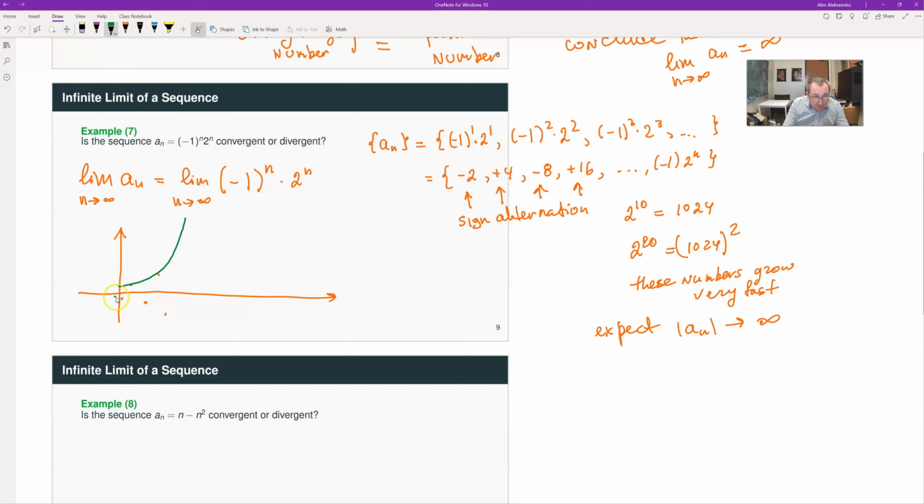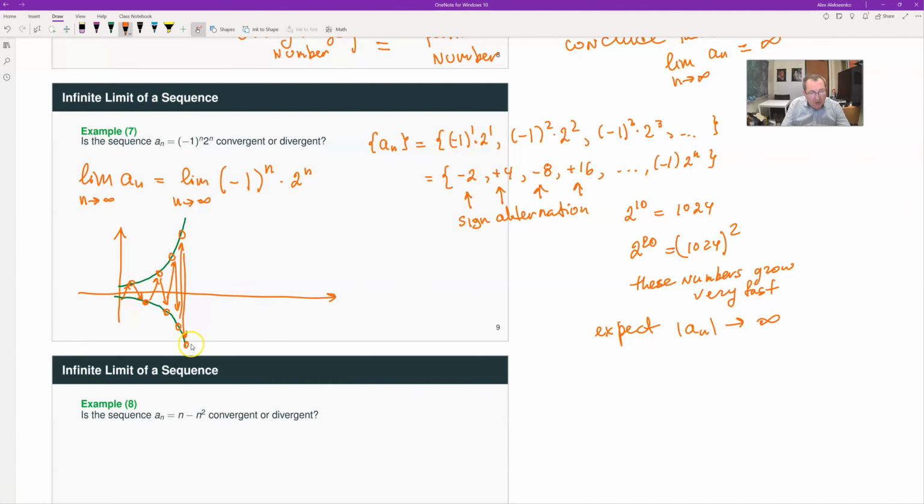And because of the sign alternation, we'll have a sort of reflection of that exponential function. We expect that elements of our sequence will follow that exponential function as we go back and forth, back and forth, bouncing from here to here.